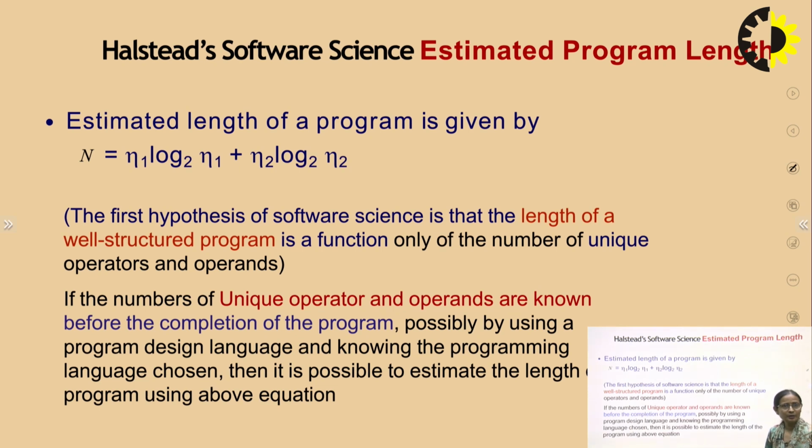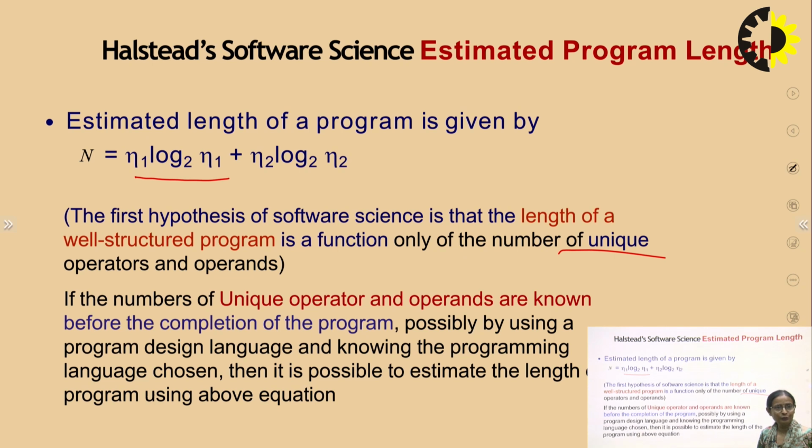What is estimated program length? This is the formula for the estimated length of a program: N is equal to eta 1 log base 2 eta 1 plus eta 2 log base 2 eta 2. The first hypothesis of software science is that the length of a well-structured program is a function only of the number of unique operators and operands, and that is why here eta is being referenced.